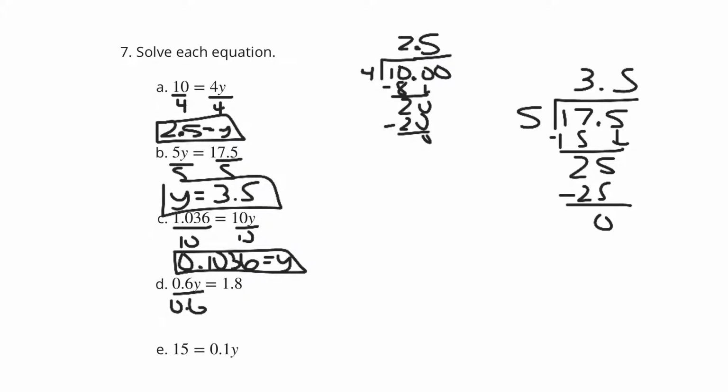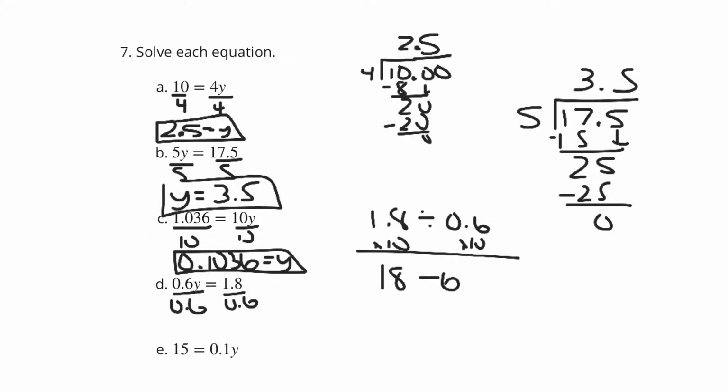If I divide by 6/10 on both sides here, well, let's take half a second here. This is 1 8/10 divided by 6/10. Got to multiply these both by 10 because I can't have a decimal with the second number. So 18 divided by 6. I don't even need to long divide that to tell you that y is going to equal 3.